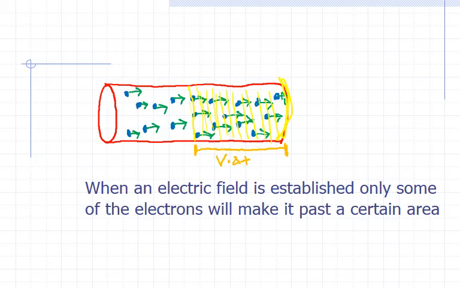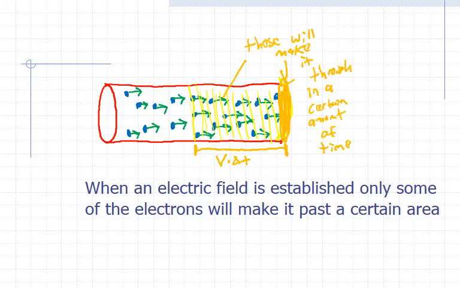Now, they're going to cover a certain distance in a period of time based on how fast, the drift speed. So v is delta x over t, we know that, and so v times t is going to be equal to delta x. How far it goes will be based on the drift speed times the time that it takes to go across.